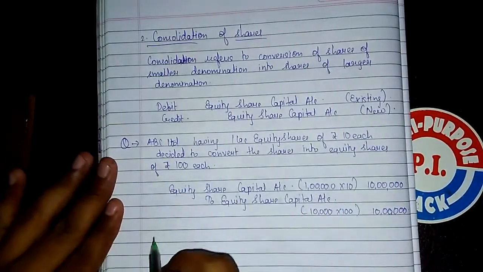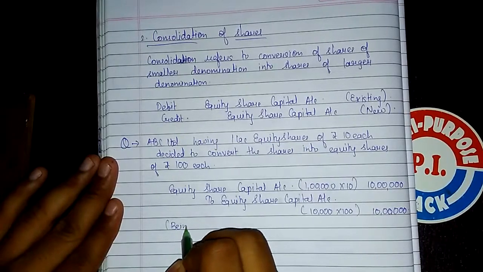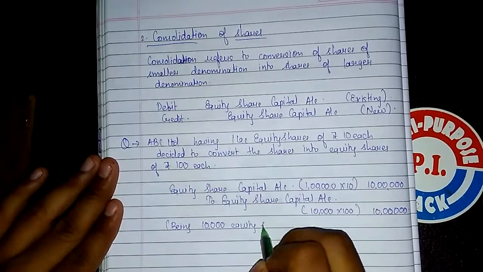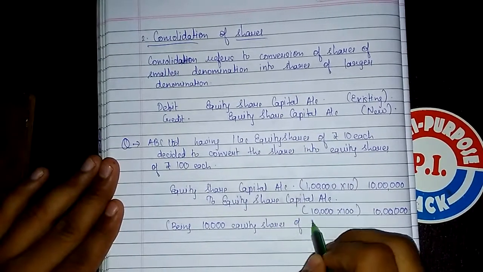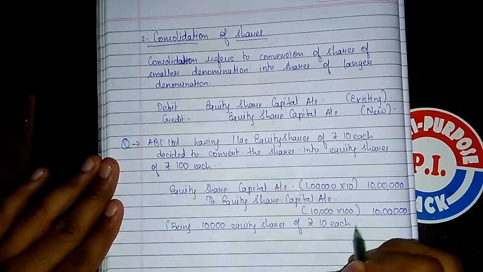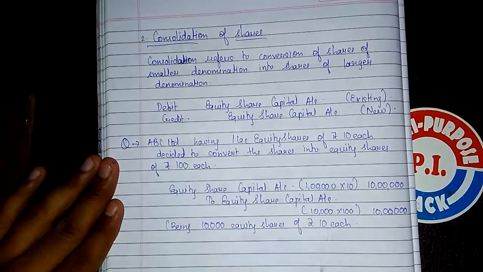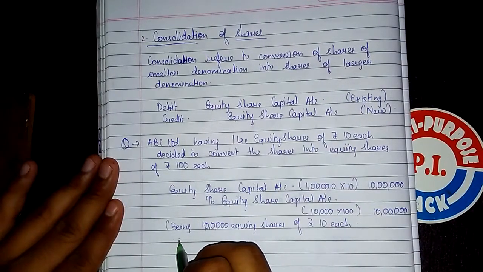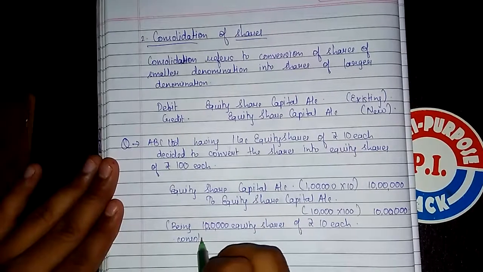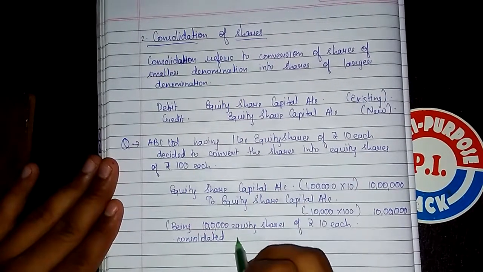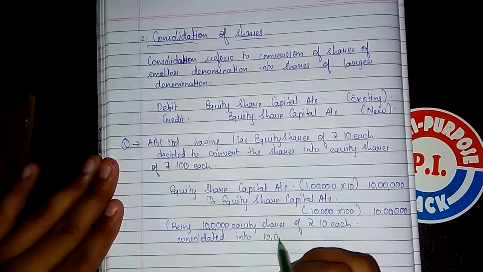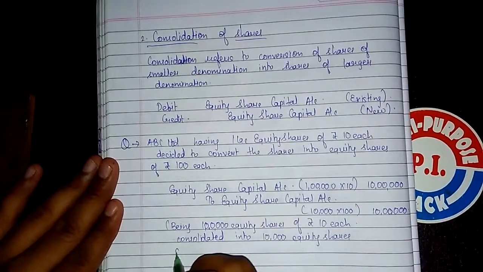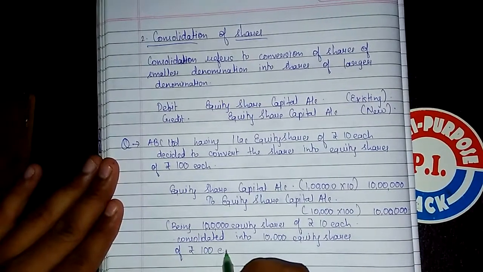And then you have to write the journal narration: being 1 lakh equity shares of rupees 10 each consolidated into 10,000 equity shares of rupees 100 each.